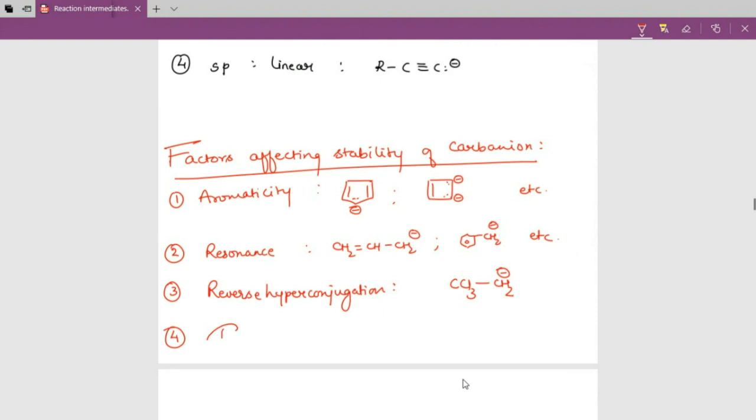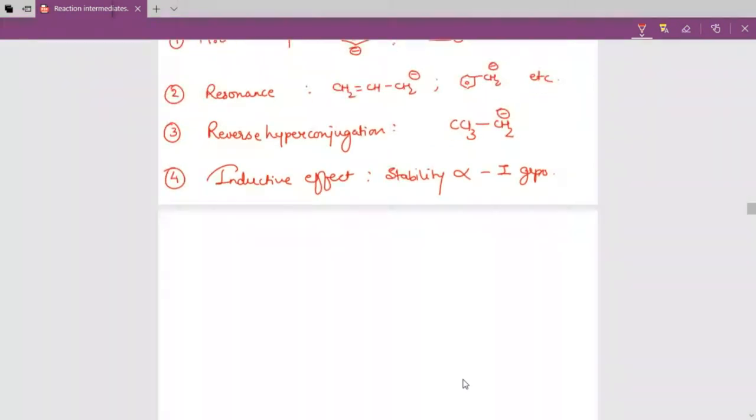Number 4 is inductive effect. For stability, I can say it directly depends on minus I groups. More the number of minus I groups, more will be the stability of carbanion. Okay. Number 5 is hybridization.